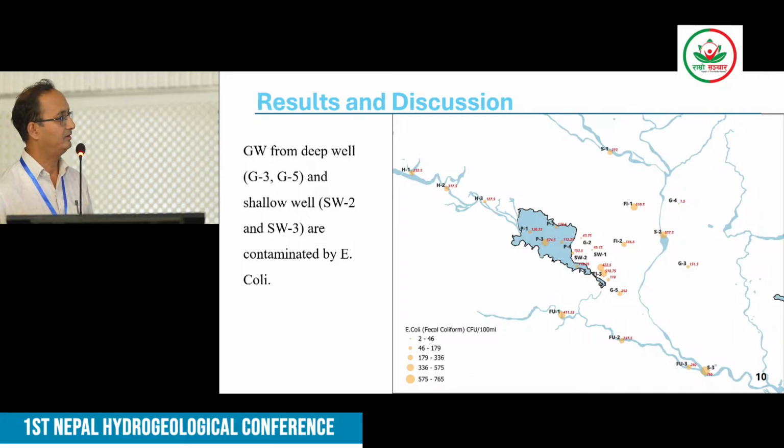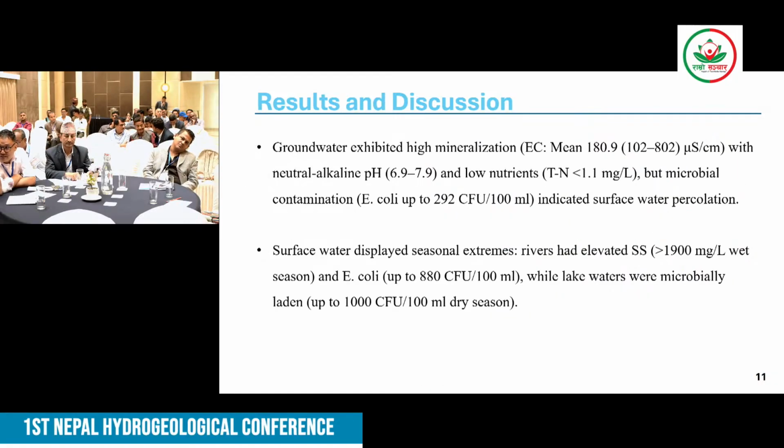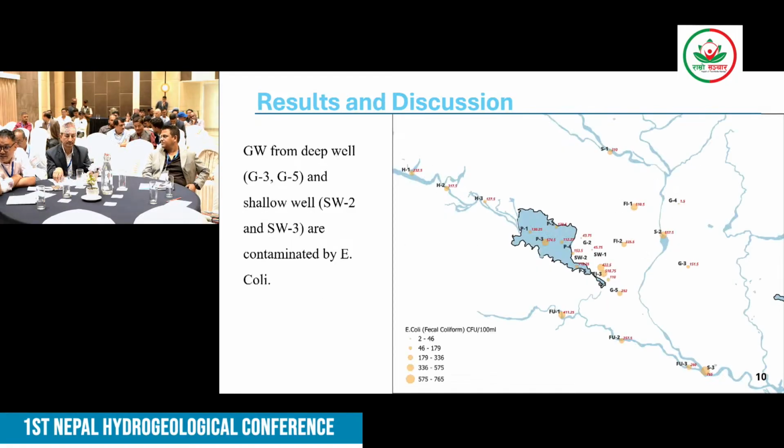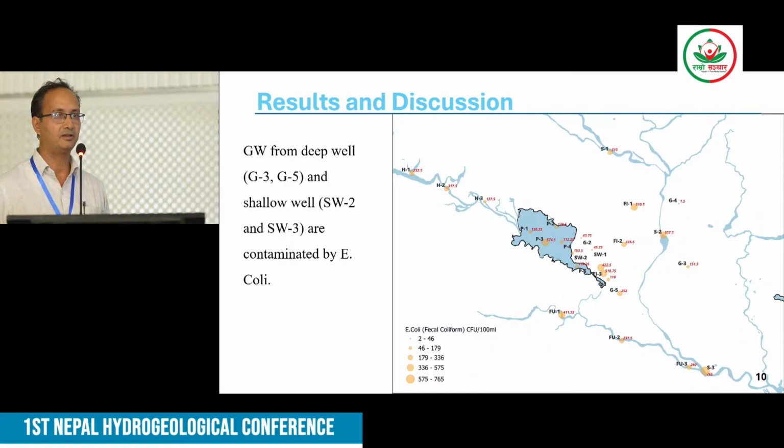As I already mentioned, all the water sources, river water, lake, and the groundwater sources are contaminated with E. coli. You can see the concentration here. It's very high for the river water, followed by the lake and the groundwater.